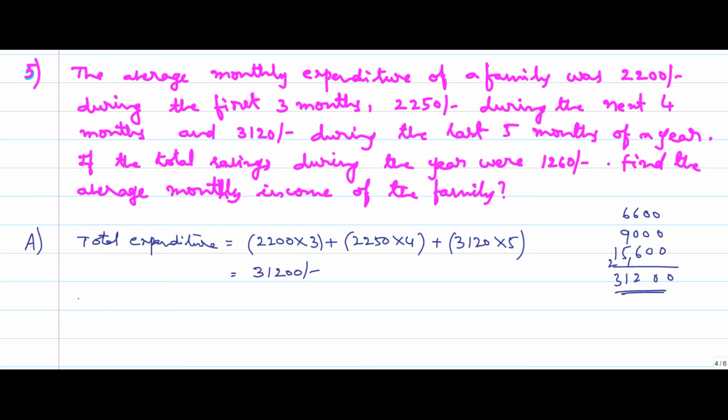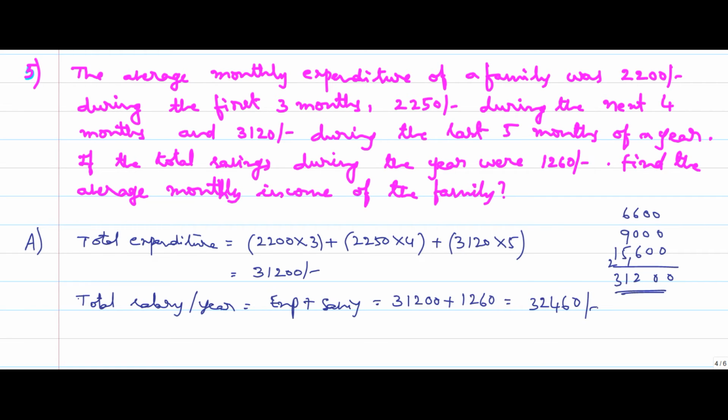So total salary per year is equal to total expenditure plus savings per year. So this is the expenditure per year. Now we have calculated, that is 31200 plus total saving is 1260 per year, which is equal to 32460.